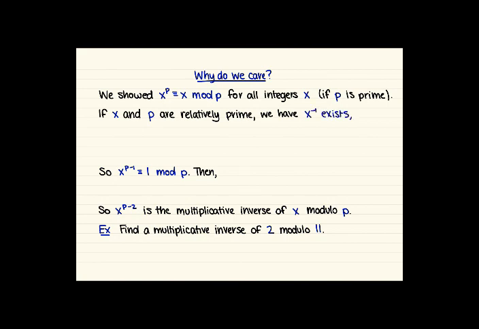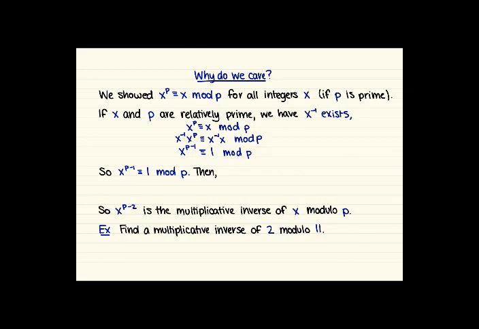So we can start with x to the p congruent to x mod p, multiply both sides by x inverse, so you've got x inverse x to the p is congruent to x inverse x mod p. So then x to the p minus 1 is congruent to 1 mod p.